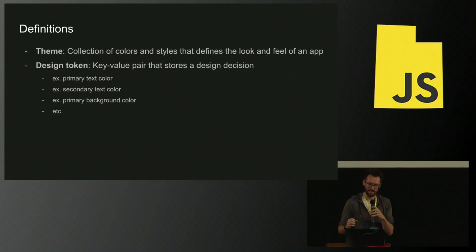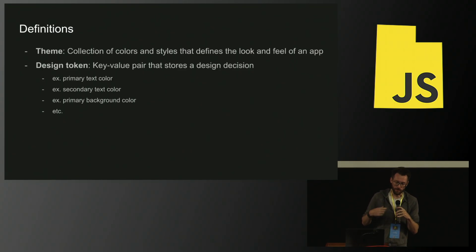Primary background color is green, whatever you want, right? We're gonna focus mostly on colors for this, but design tokens don't have to be just colors, right? You could have design tokens for typography. You could have it for spacing scales. You can have it for really any sort of design decision that is going to make up your app.